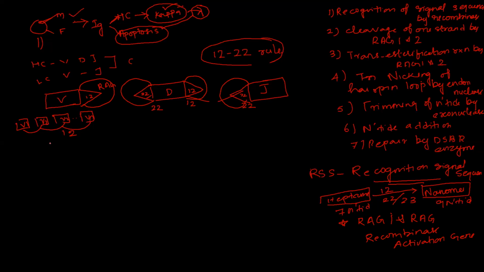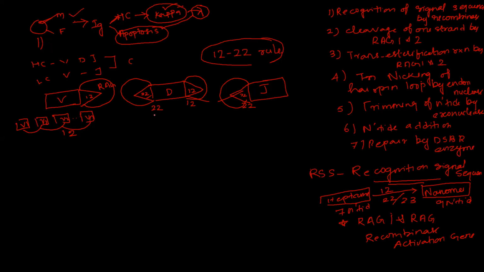Okay, this is how it will actually be present. Now, following the rule, one part of V and one part of D, then one part of D with another part of J is going to combine, right?